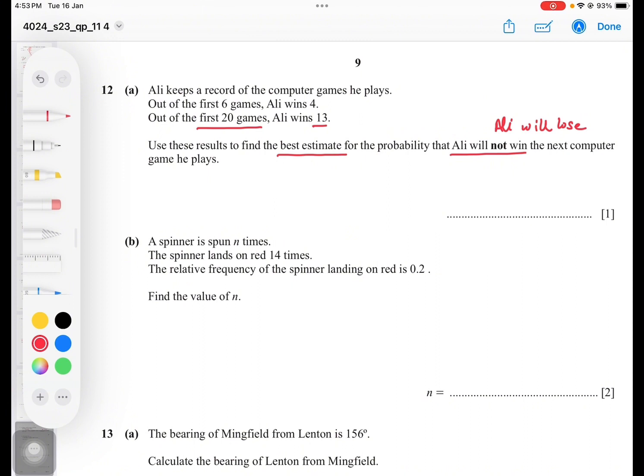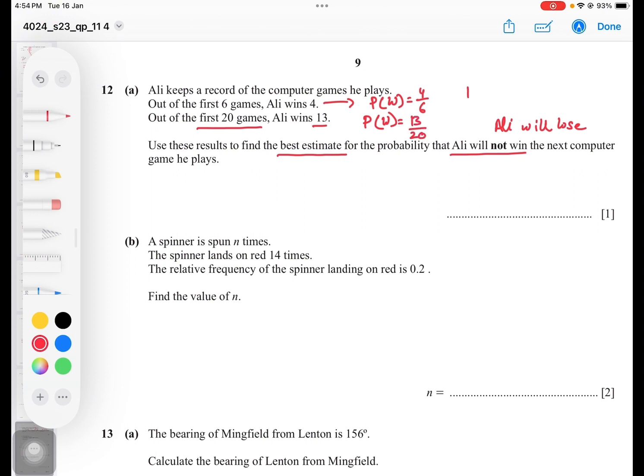So first of all I need to calculate the probability of winning, that is 4 out of 6, and in the second case the probability of winning is 13 out of 20.